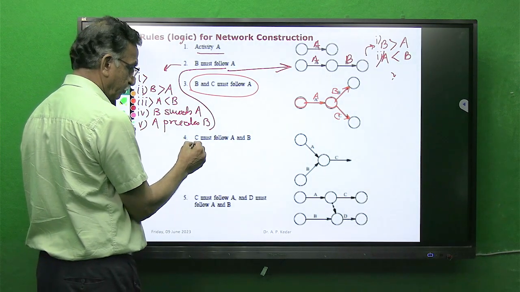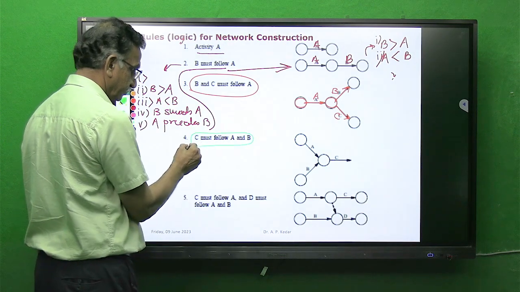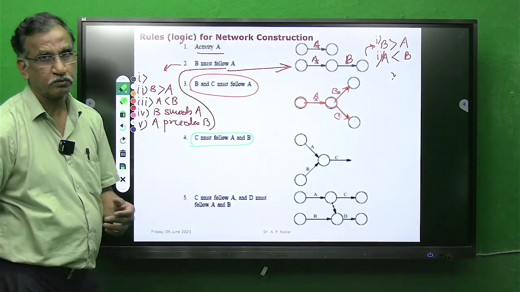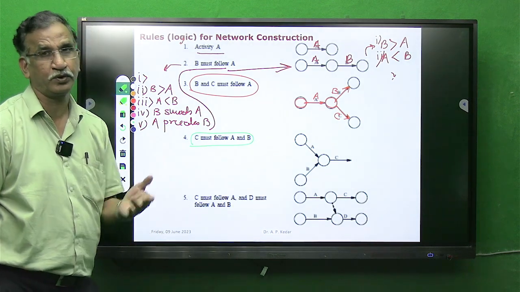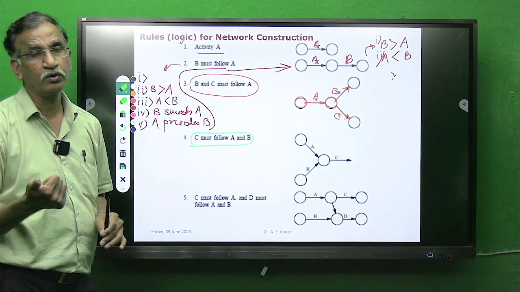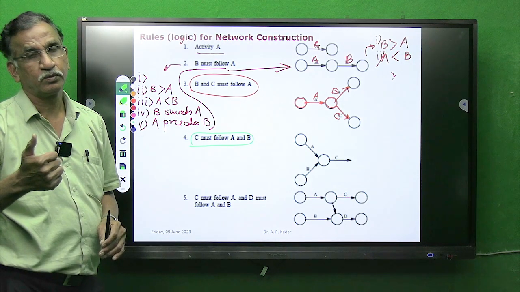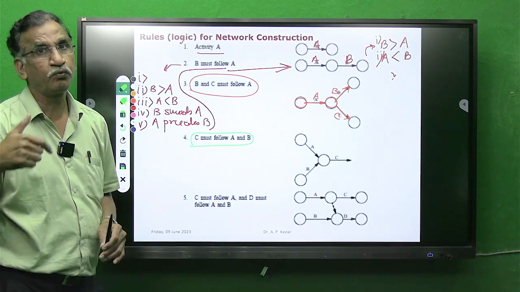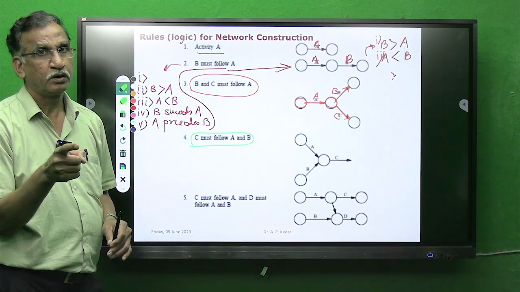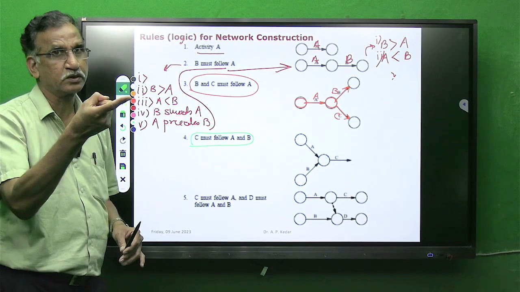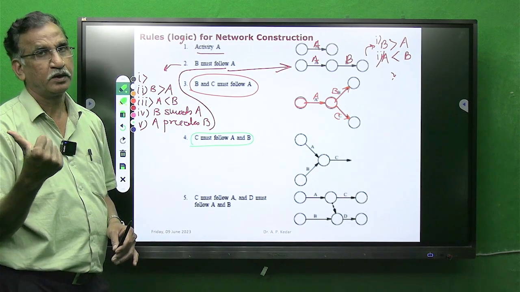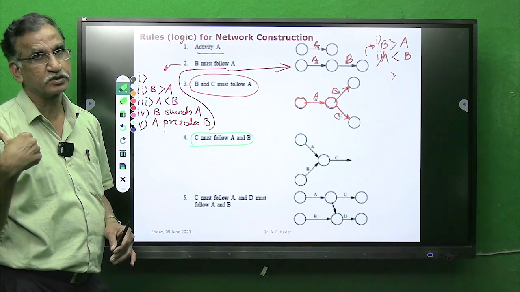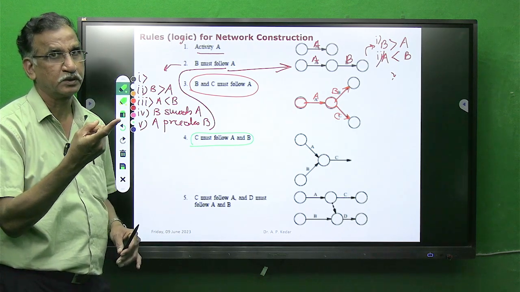Other: C must follow A and B. To whom does it follow? A and B. Who follows? C. The one who follows is the successor; to whom it follows is the predecessor. A and B are predecessors, C is the successor.